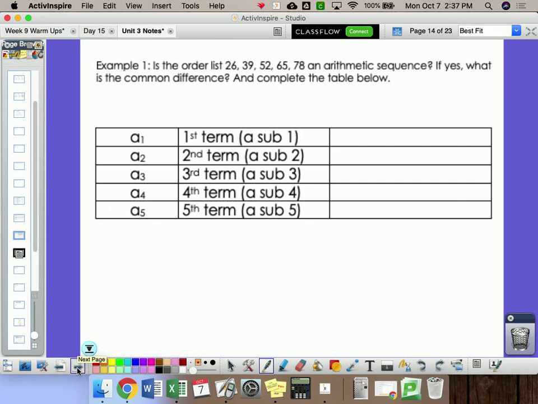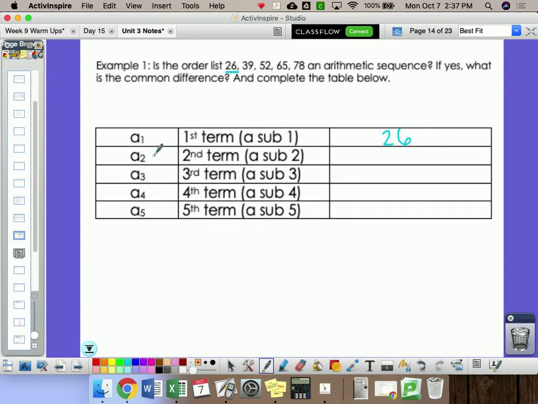Our first example says, is the ordered list 26, 39, 52, 65, 78 an arithmetic sequence? So let's first figure out which term is which. A sub 1 is our first term of our sequence, which is 26.